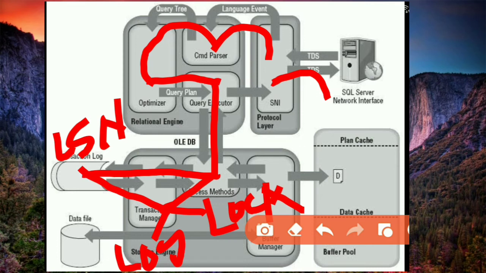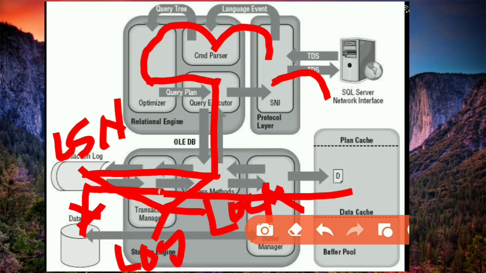So here the point is how the log comes to the data file. I already covered the transaction in the architectural video. The log does not come directly to the data file, very important thing. It comes through the same method in reverse. Once the transaction is completed, it is sent to the transaction manager, then the access method, then the buffer manager, then the buffer pool.